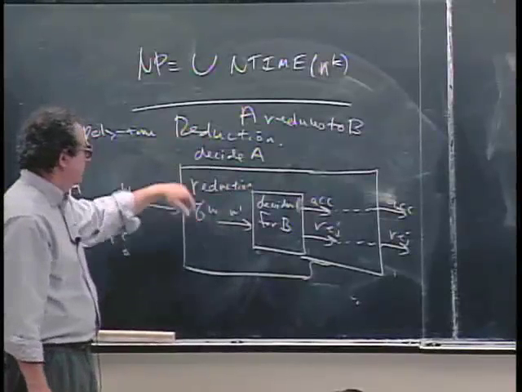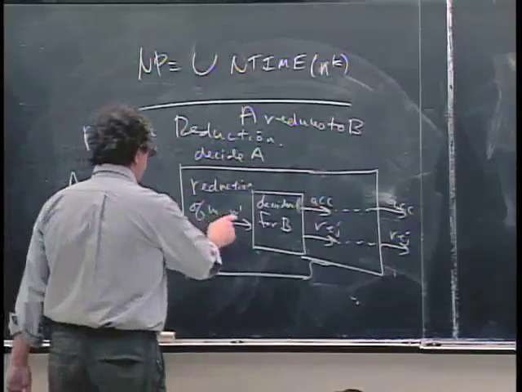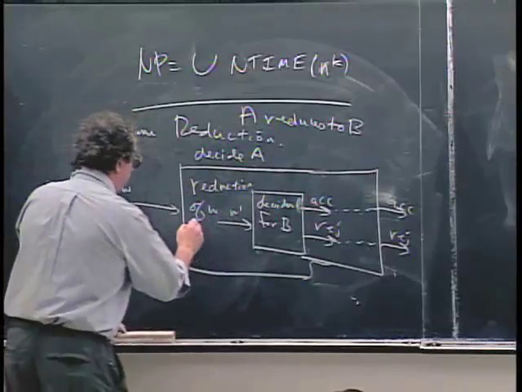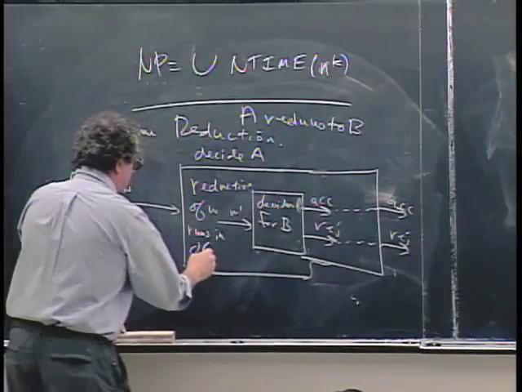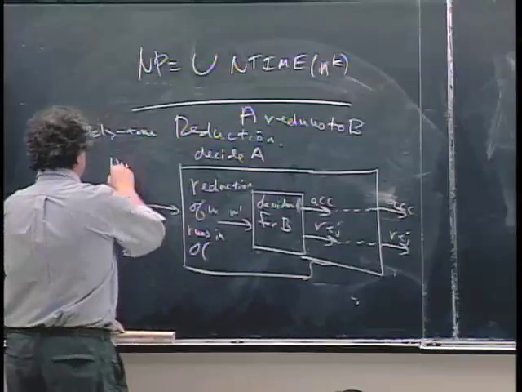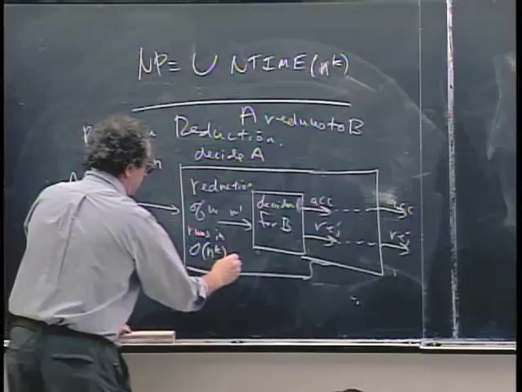The work time is bounded by a polynomial in the length of W. So reduction of W to W prime runs in order n to the k for some k, where the length of W is equal to n.